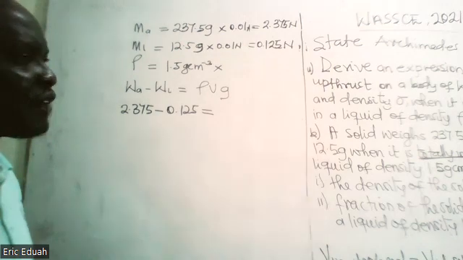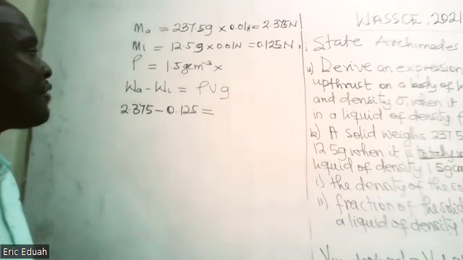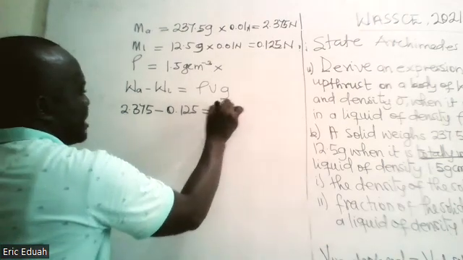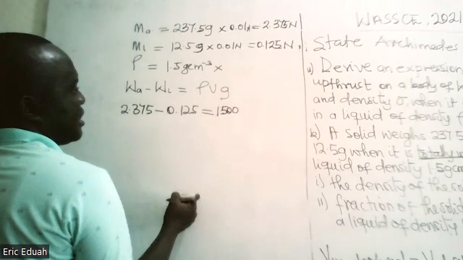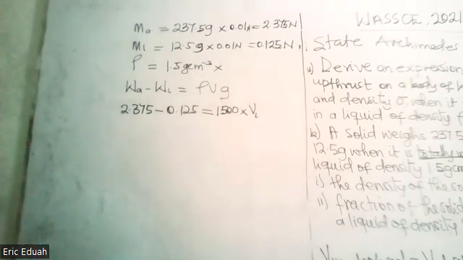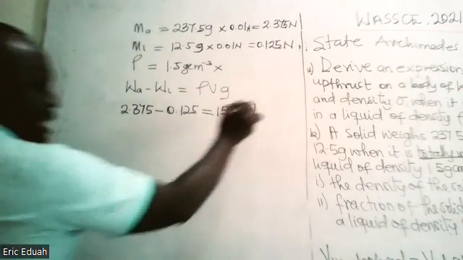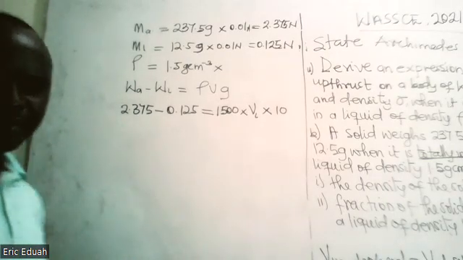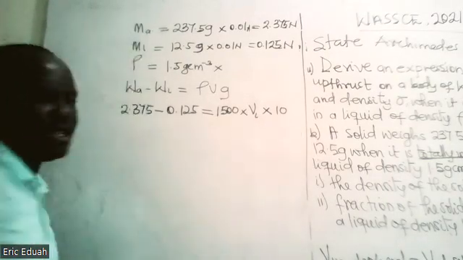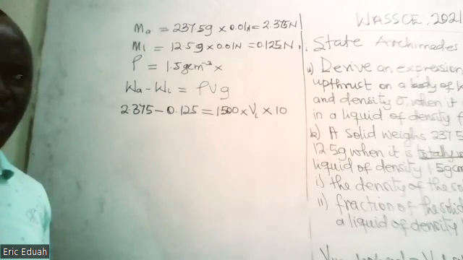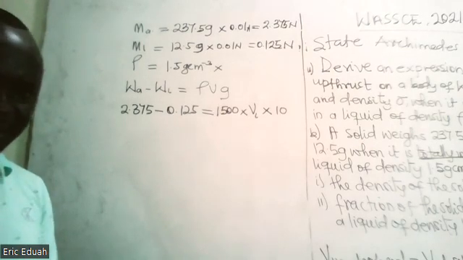So do that for me. 1.5 times 1,000 will be 1,500, times the volume of liquid displaced, which we don't know and that's what we are looking for, times gravity, which is 10 meter per second squared. Are we fine here?